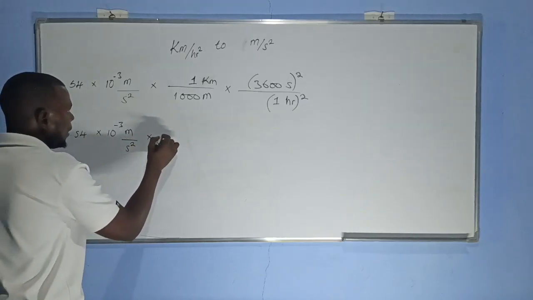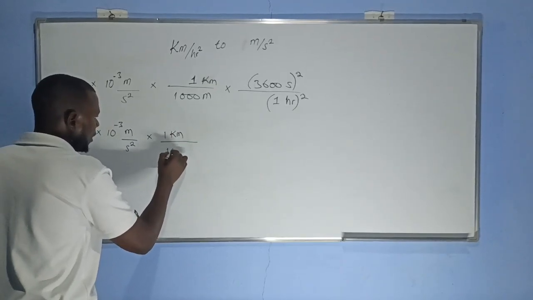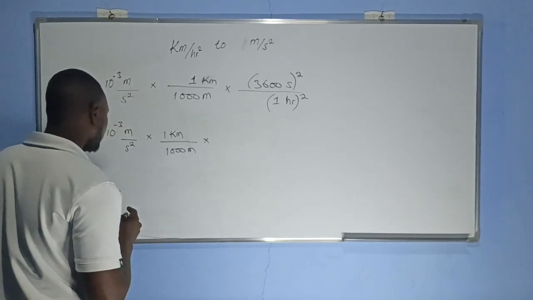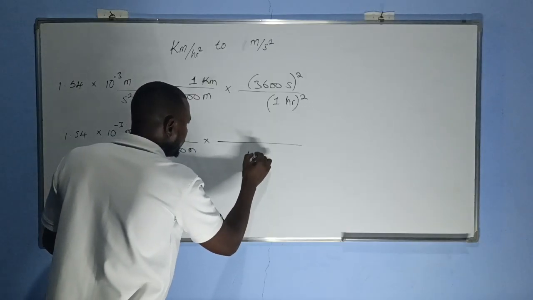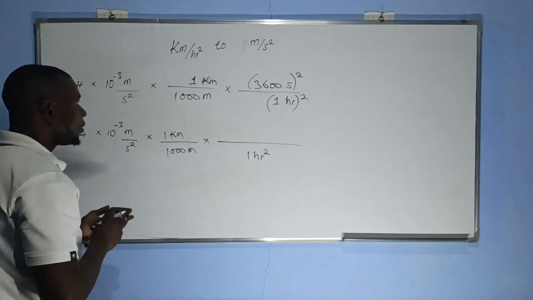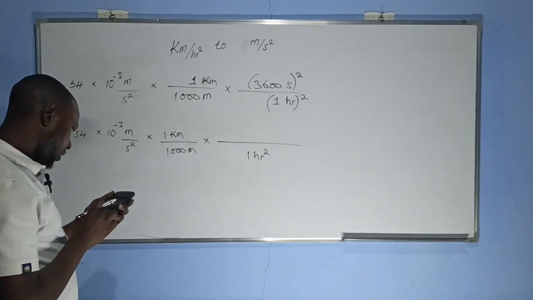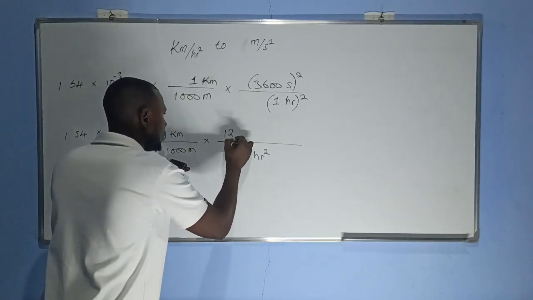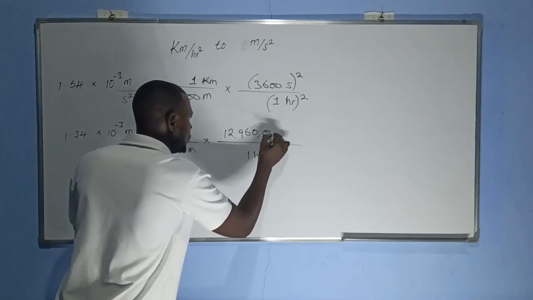That will multiply by, there we still have 1 kilometer, that is dividing by 1,000 meters, and this will multiply by, there down here we still have 1 square hour. On top there we'll say again 3,600 squared is giving me 12,960,000.